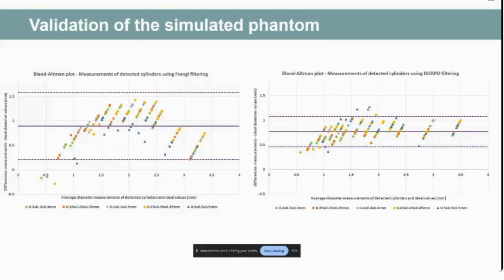Firstly, we compute the segmentation of the simulated phantom, and we compare it to the physical phantom. On the left, we have the results of Frangi. On the right, we have the results of RORPO. So we see agreement. It's a better agreement for RORPO, so that's why I'm saying I prefer RORPO.